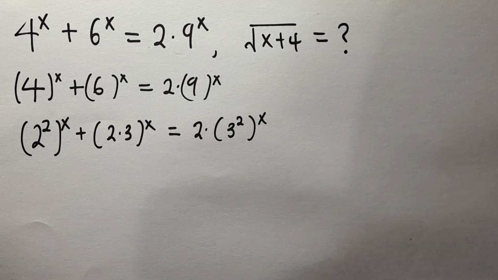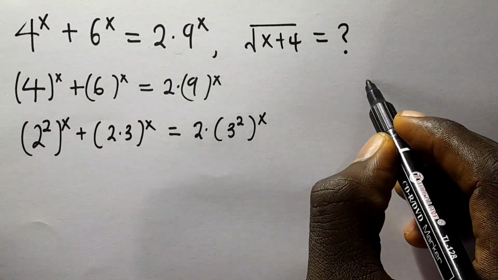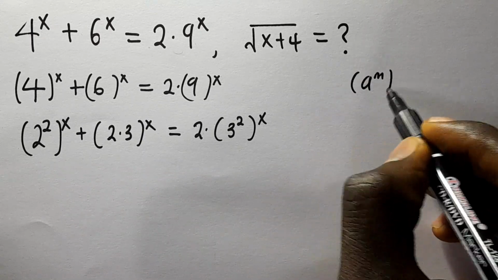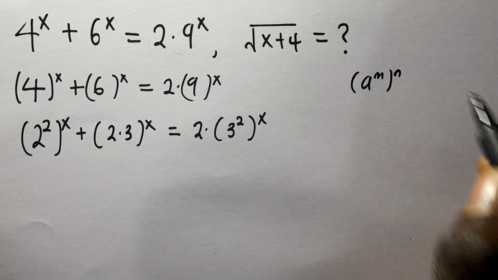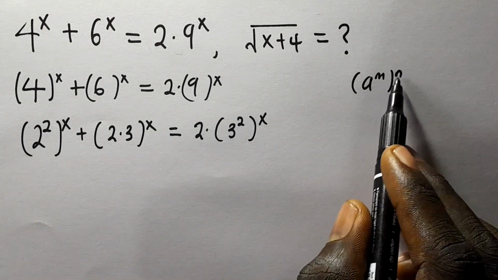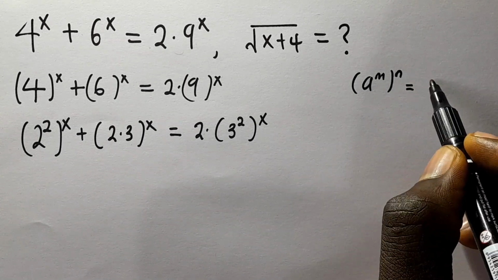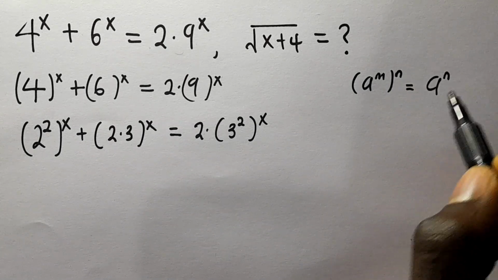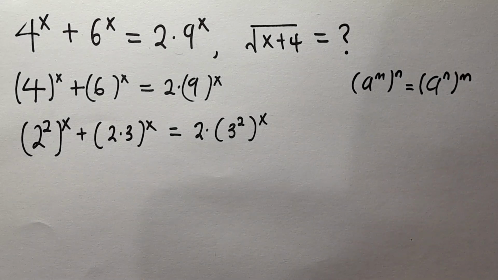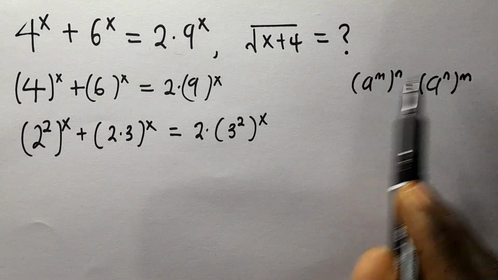According to the law of indices, when you have a raised to power m all raised to power n, this can be simplified to a raised to power n, all in bracket raised to power m. So we can interchange their power.